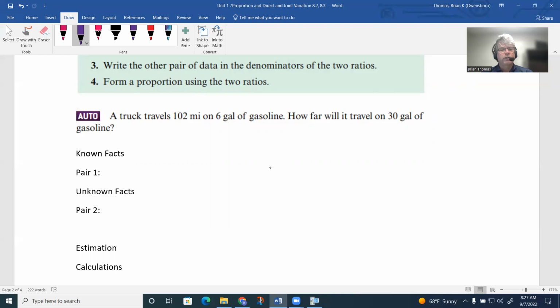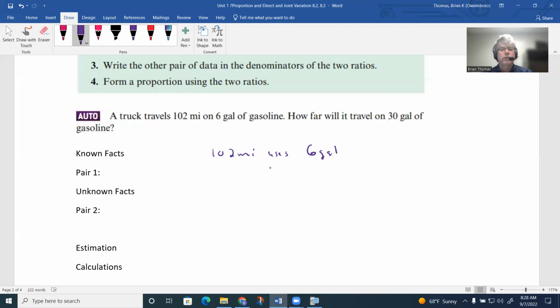So as far as known facts go, what we pick up on is that there's going to be 102 miles and you'll be using 6 gallons of gas. So 102 miles uses 6 gallons of gasoline.